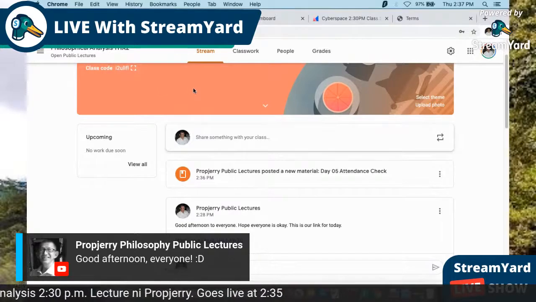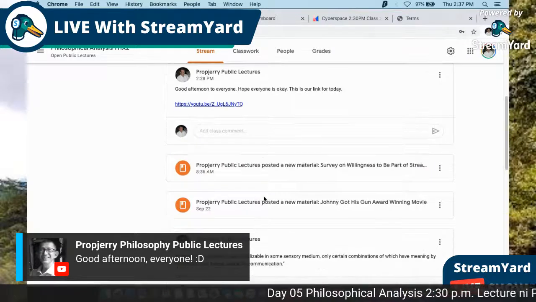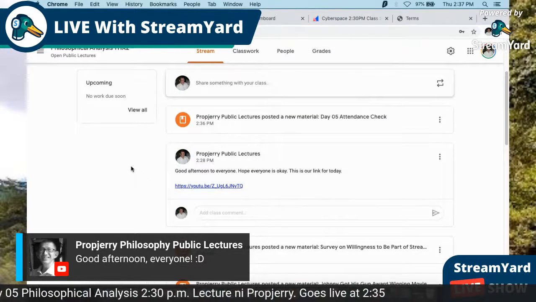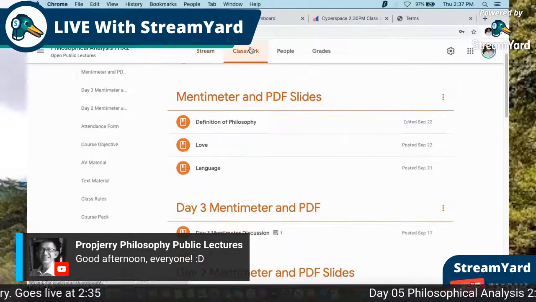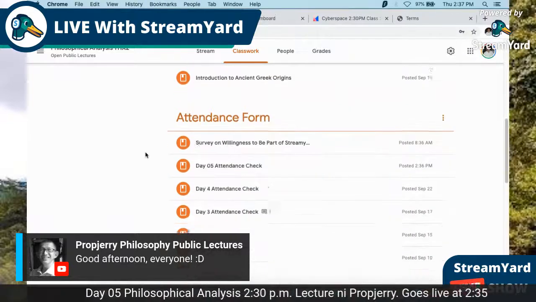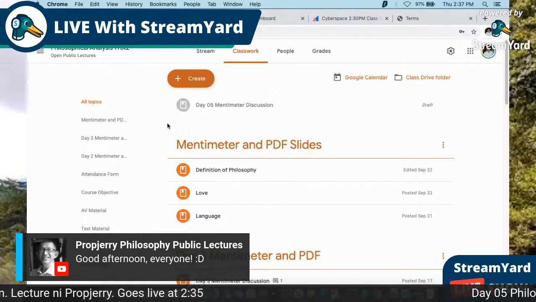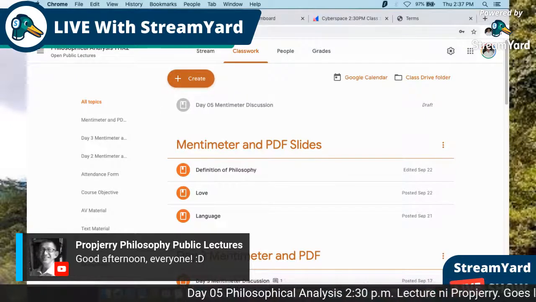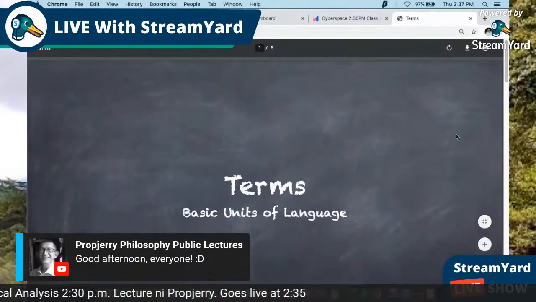Our topic for today, I thought I had already posted it earlier, but I have not. Well, our topic for today is this: terms.